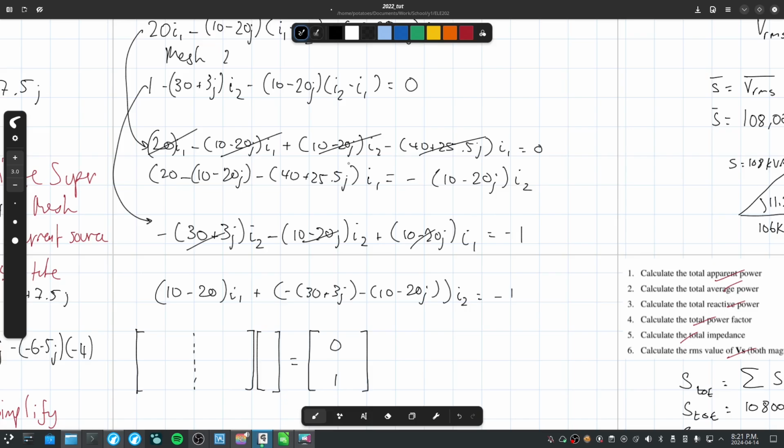So this here is going to be 20 minus 10 minus 20j minus 40 plus 25.5j. Ooh, I forgot a closing bracket here. Oopsies. So that's going to be Cramer's rule. That's what we're doing.